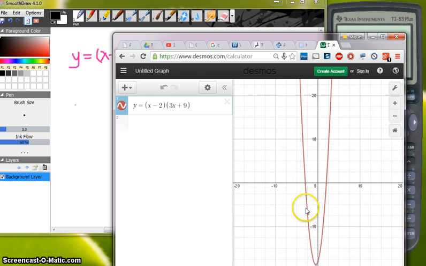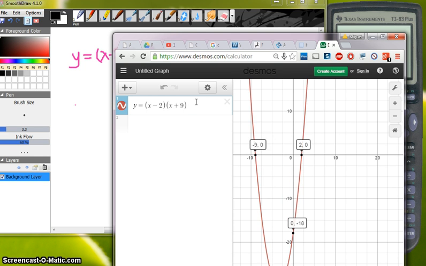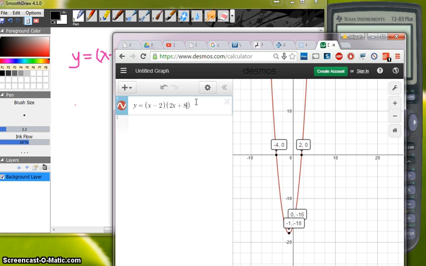So your job is to graph this without Desmos and get all of our answers. Just so we don't have that funky vertex, let me change some of this stuff. Let's go even. There we go. This is the one we're going to use.